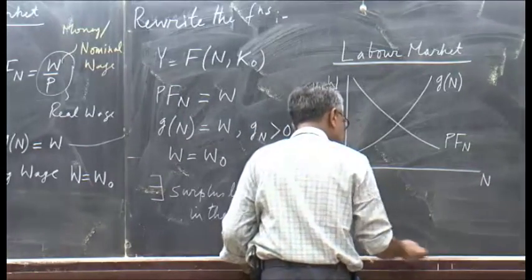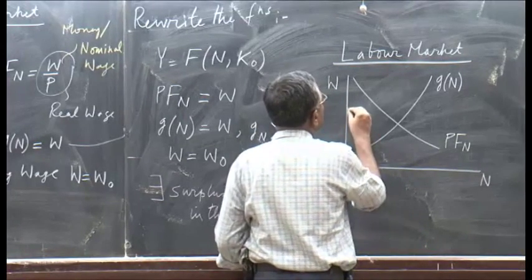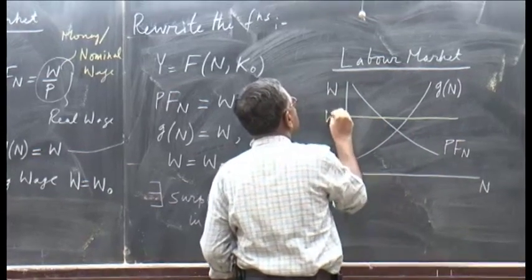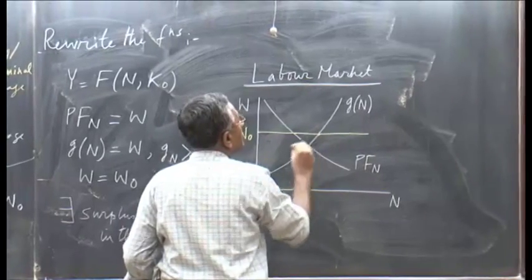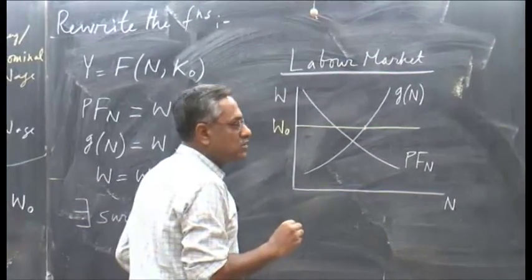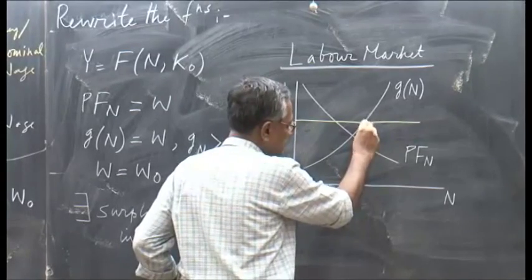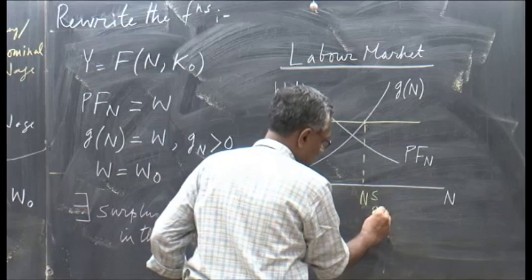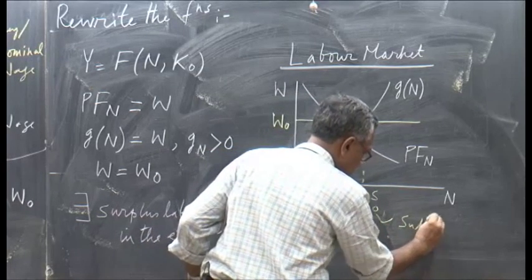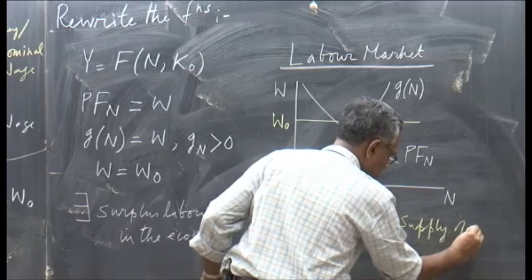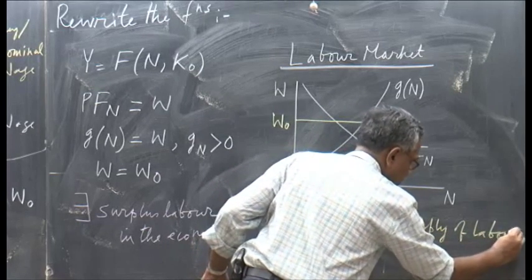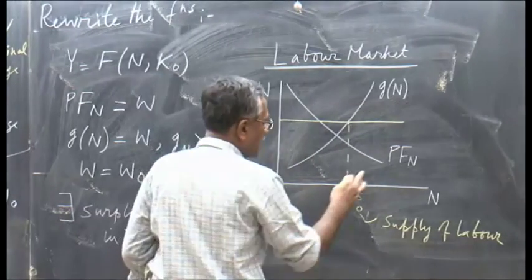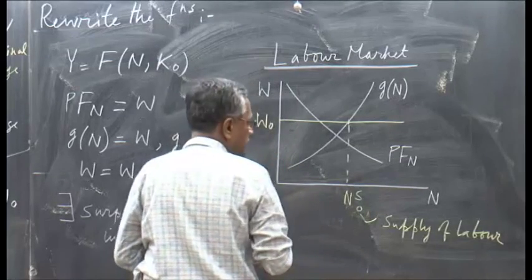You can clearly see that if I make W naught the negotiated wage here, then there will be surplus labor, because the supply of labor is here at that wage. Call that NS naught, supply of labor. And for a given price, call that P naught.